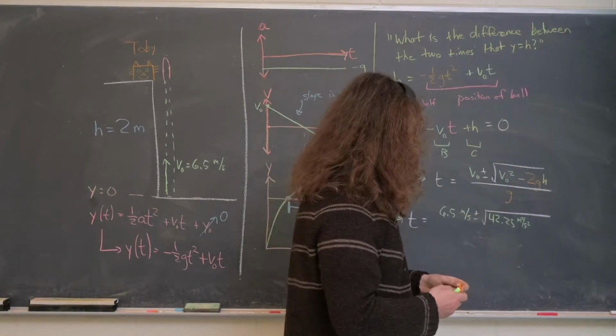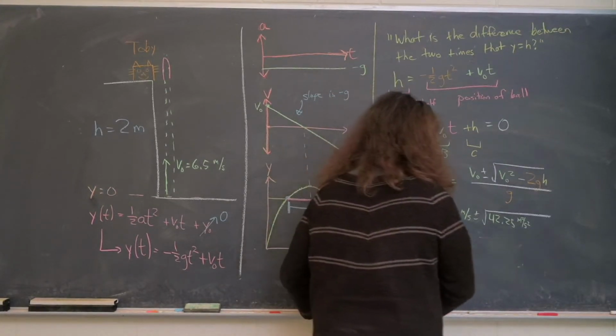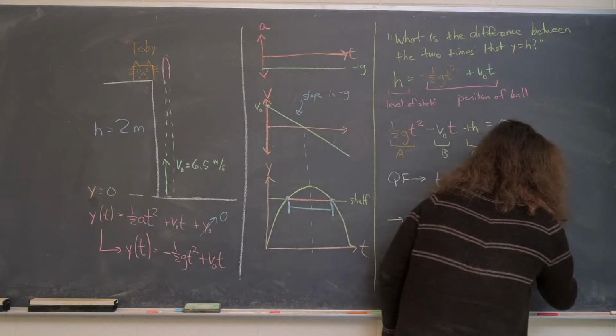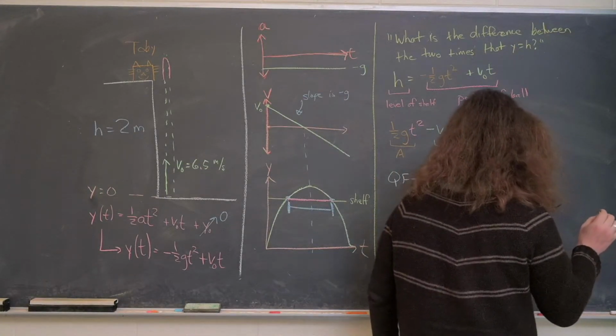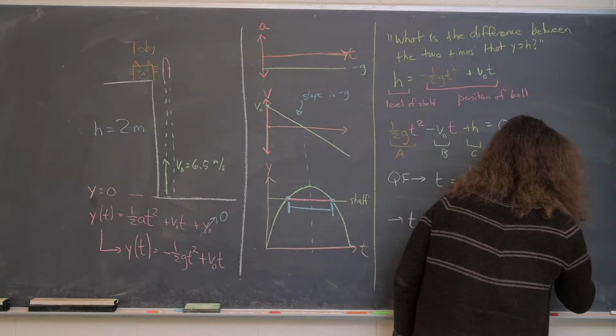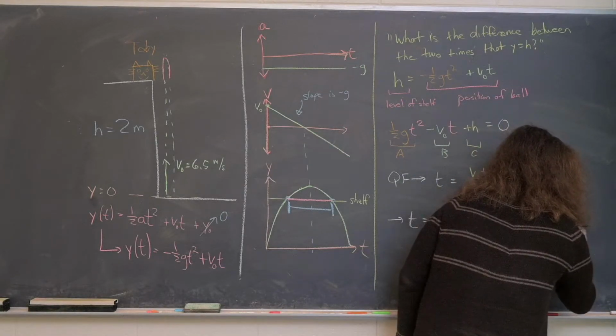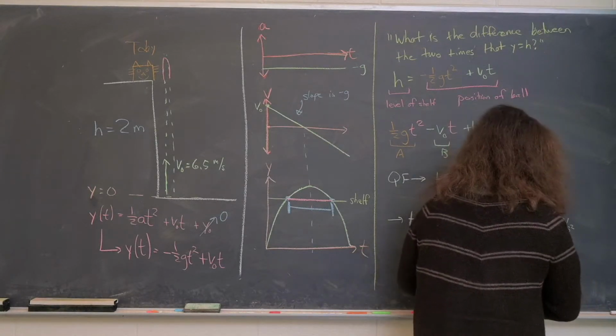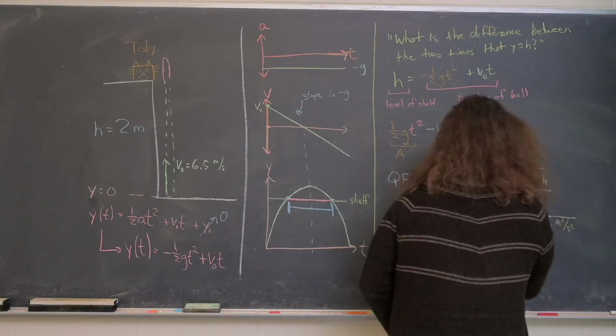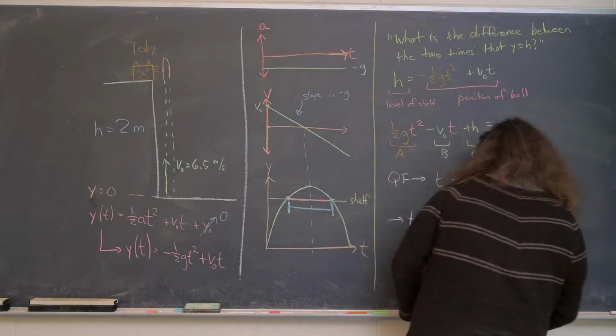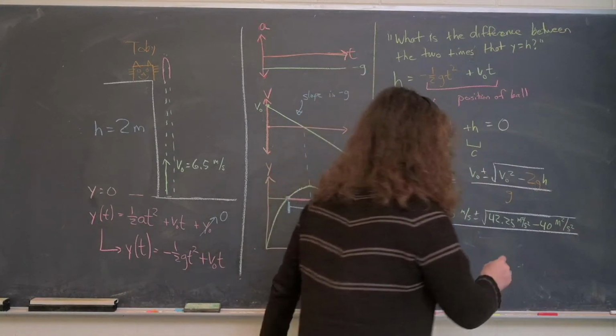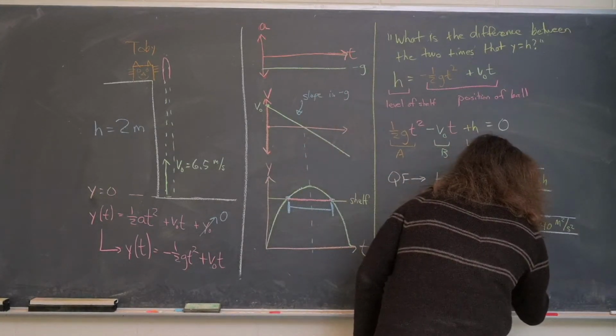So all of my units are coming out in the way that I want them to. So this gives me minus 40 meters squared per second squared. And all of that is divided by g, which is 10 meters per second squared.